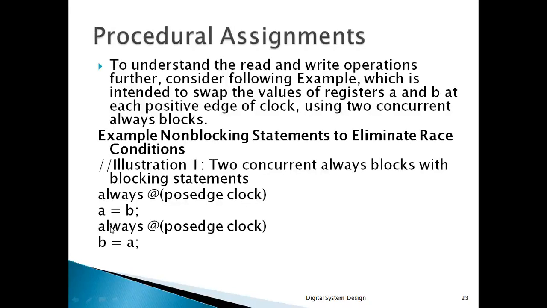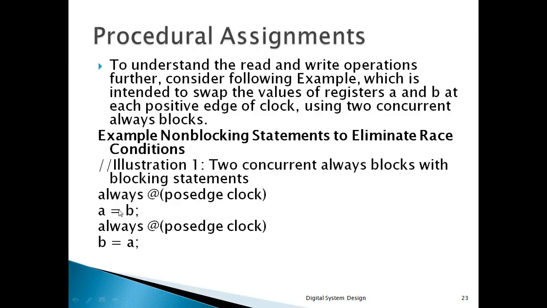Now here an always block is used, and at positive edge of clock A = B is assigned, and this is another always block. Please note that no begin and end is used because only one statement is used here.